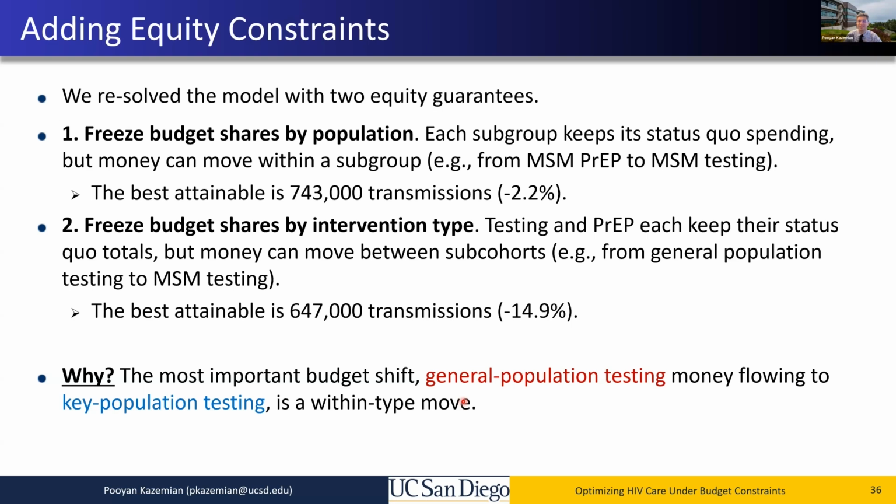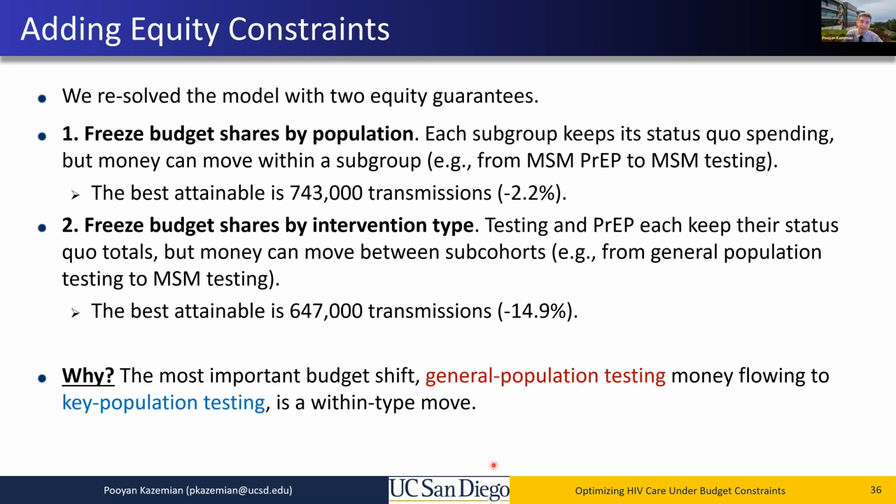We can still achieve the majority of the transmissions benefit, but freezing the budget by population, by sub-cohort, is hurting us a lot because, as you see, we only achieve 2% lower transmissions. So why is that? Because the most important budget shift is moving money from general population testing into key population testing. So that is why that is a within type move.